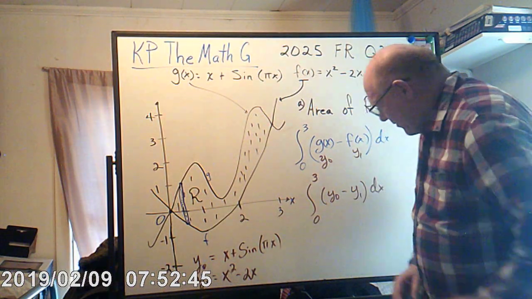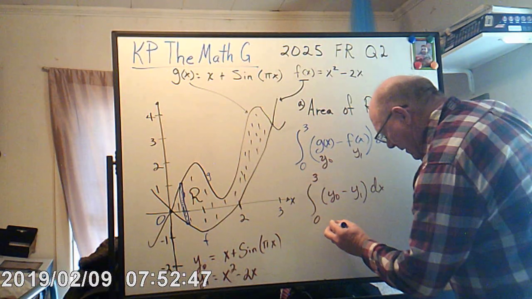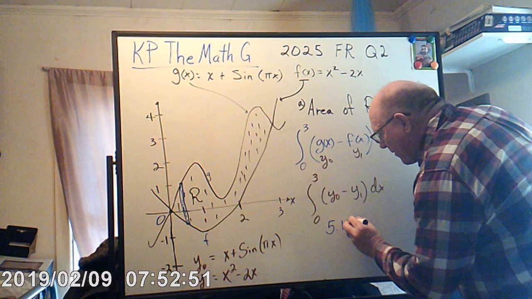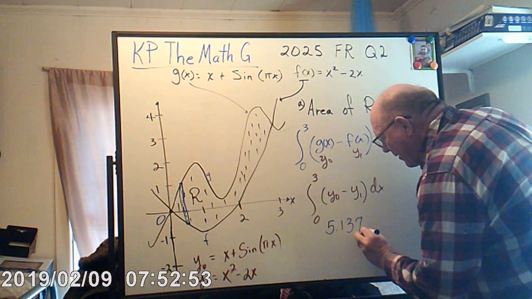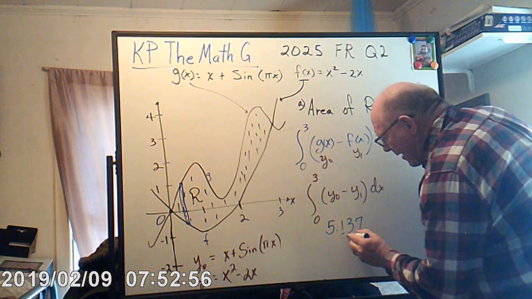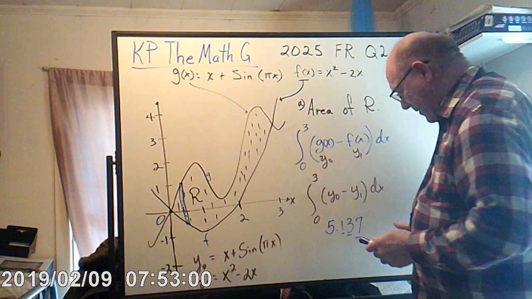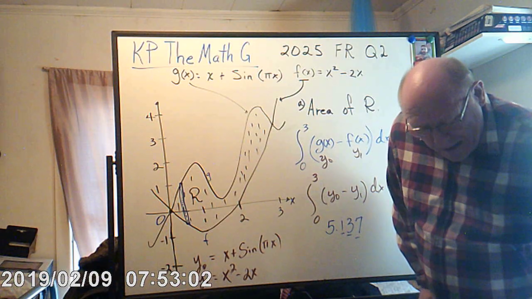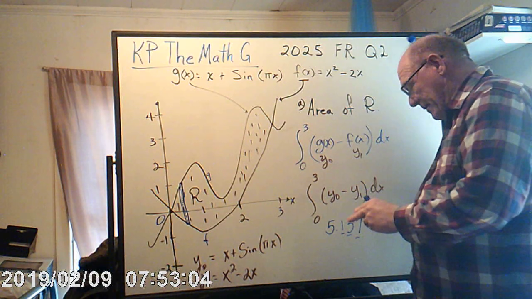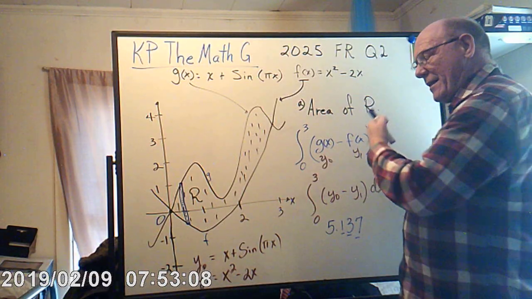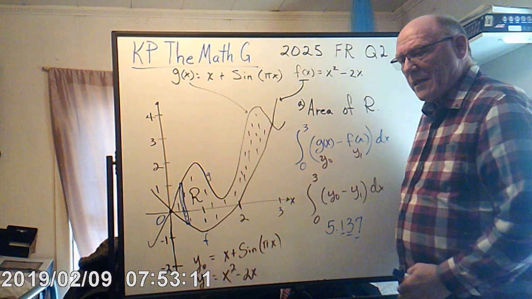Okay, you can leave it as 5.136. I'm going to round up. In calculus, you've got to go 3 digits past the decimal. If it's 6 and it rounds up to 7, you can do that, or you can just leave it at 6 and drop off all the rest of the numbers.